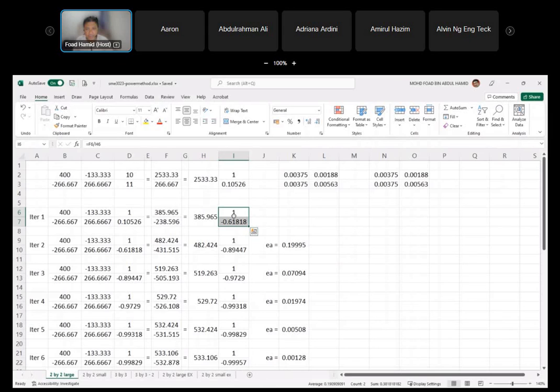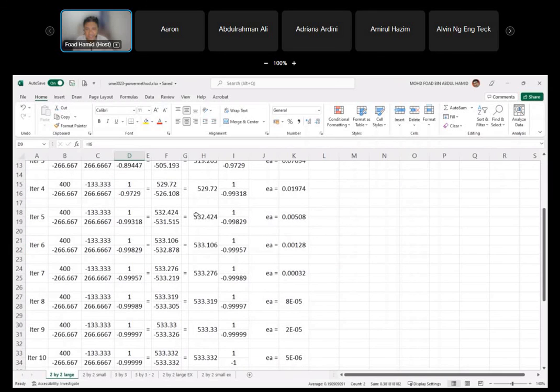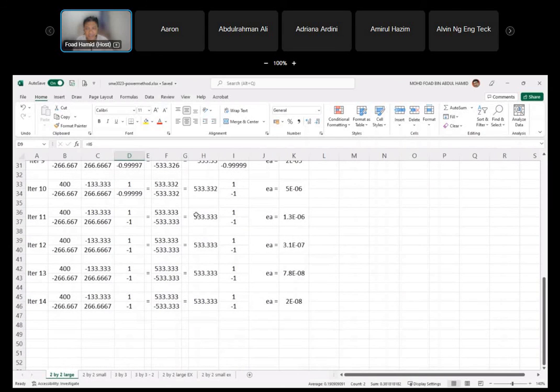Now this is my guess for my second iteration. And when you do this many times, you can see that up to 11 iterations, you get the same solution as the analytical solution.